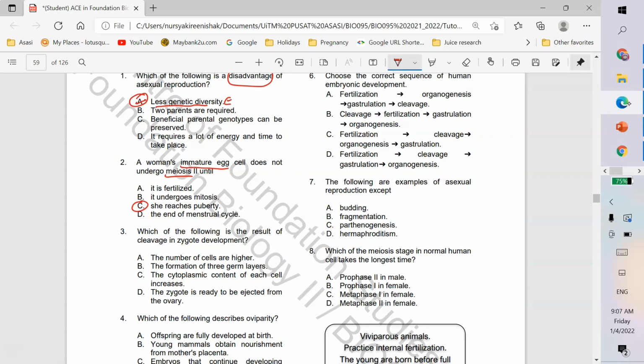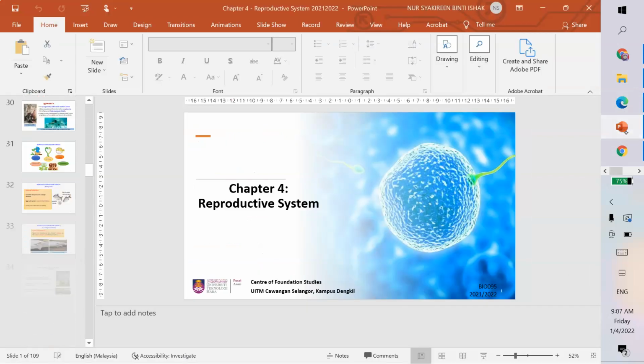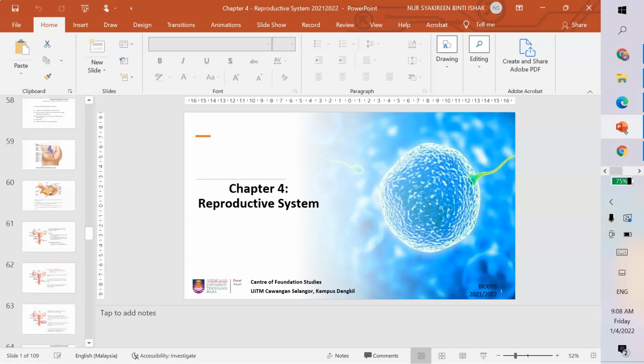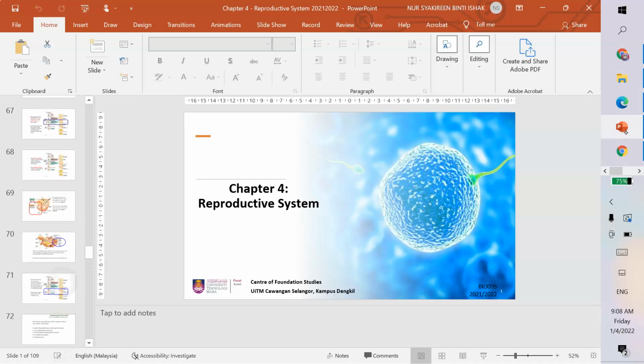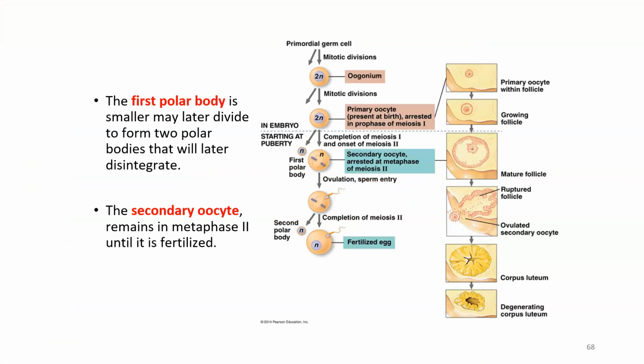Okay. Basically, when you see the statement here, a woman's immature egg does not undergo meiosis II. So bila kita tengok, if you refer to your lecture notes on the process of oogenesis, kita buat revision sekali okay.